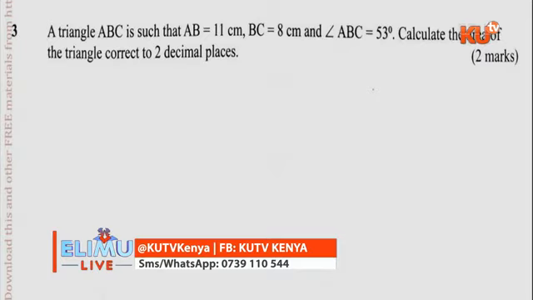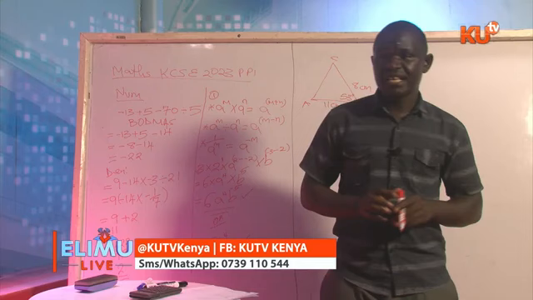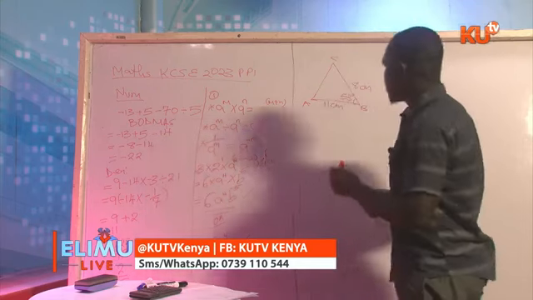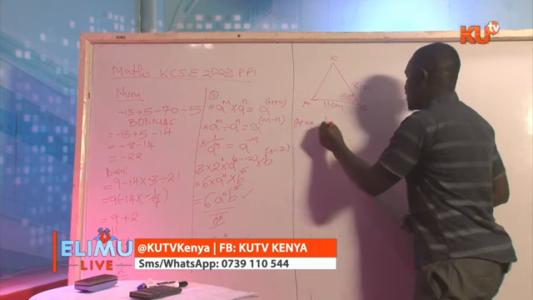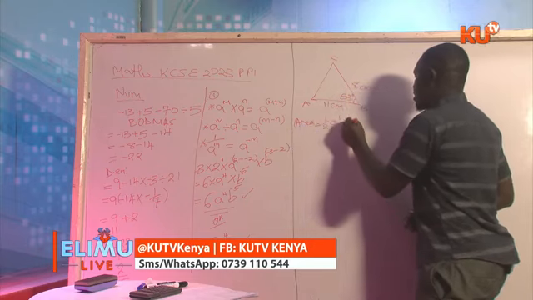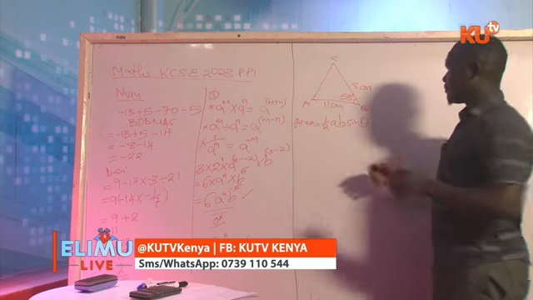Then they want you to calculate the area of the triangle. How do you calculate the area of a triangle, dear students, given 2 sides and the angle subtended by those sides? Yes, we are going to apply the formula: area is equal to a half times a times b sine theta. So area is equal to a half ab sine theta.